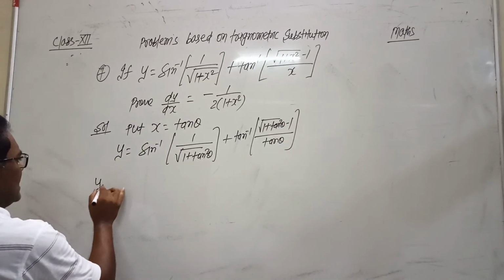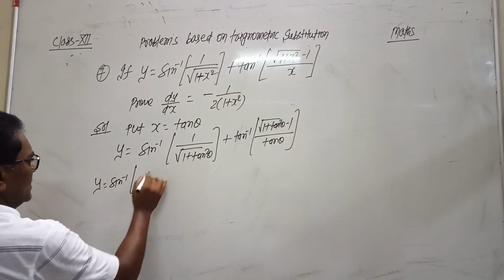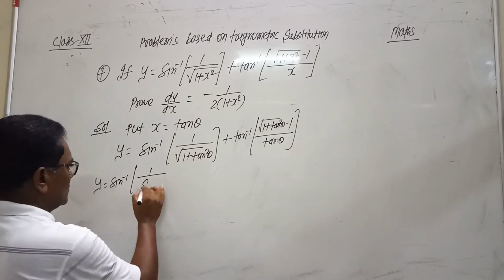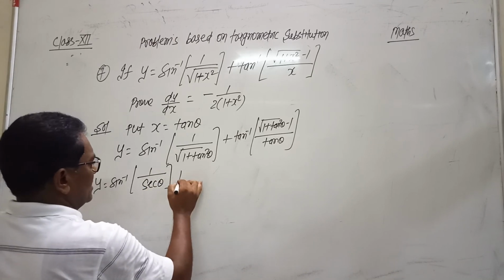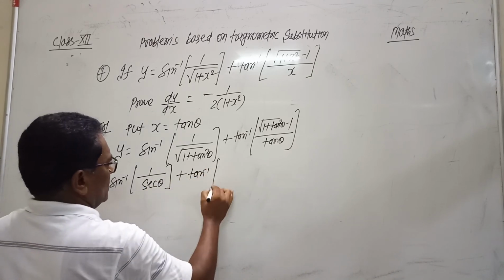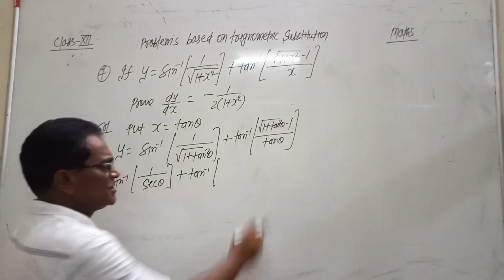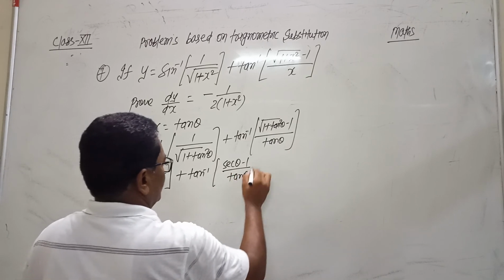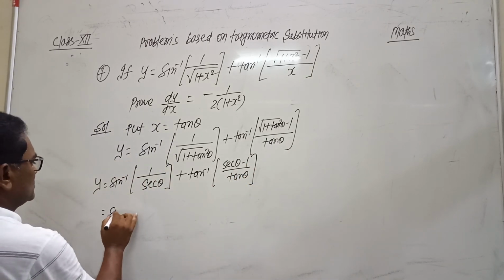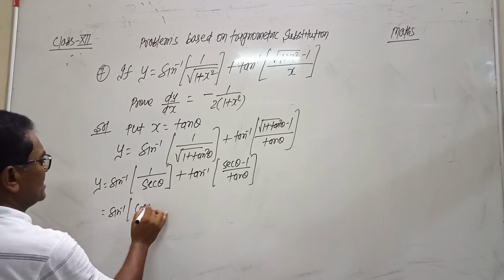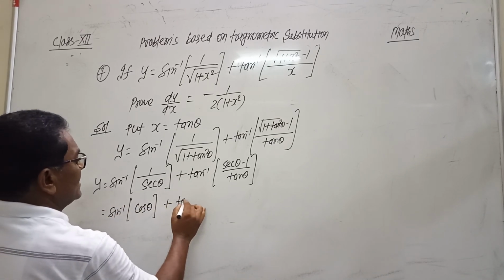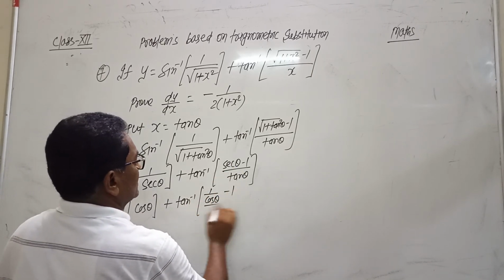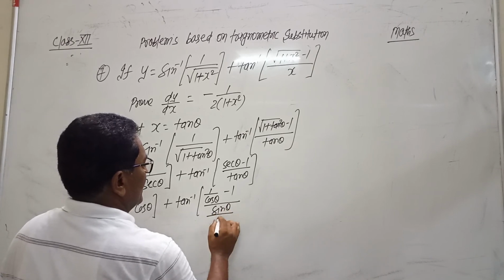So we get y equals sine inverse of 1 upon sec theta, since 1 plus tan square theta is sec square theta and the square and square root cancel, plus tan inverse of (sec theta minus 1) upon tan theta. So y equals sine inverse of 1 by sec theta, which becomes cos theta, plus tan inverse. Sec theta can be written as 1 by cos theta minus 1, and tan theta is written as sin theta by cos theta.